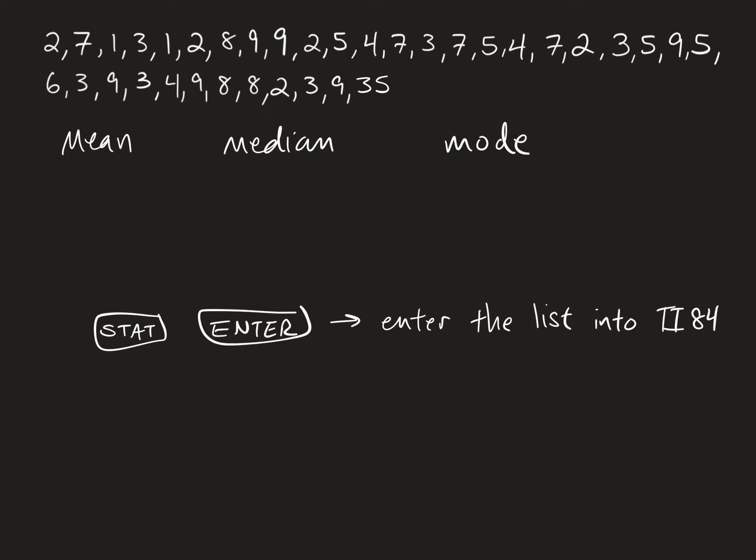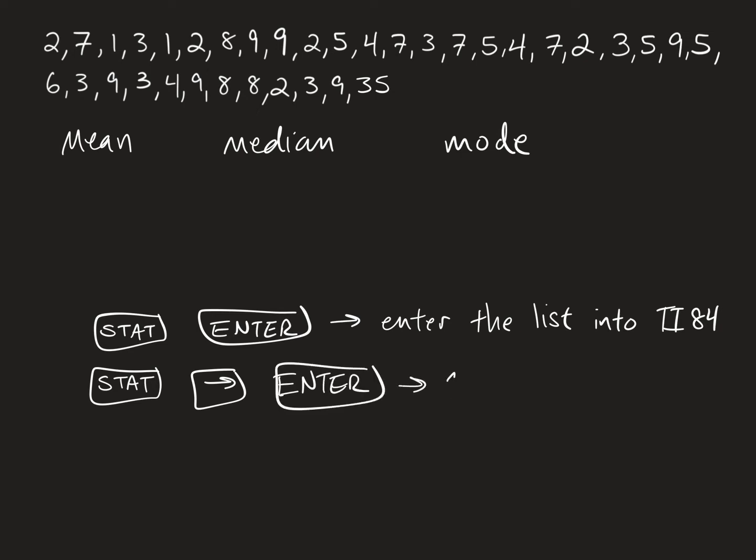From there, you can hit Stat, the right arrow, and then Enter. That will bring up one var stats, and we will use one var stats to find our mean and our median.